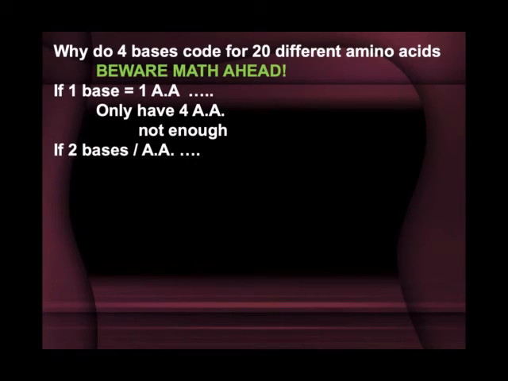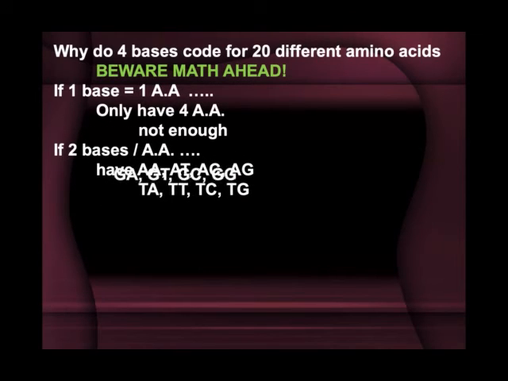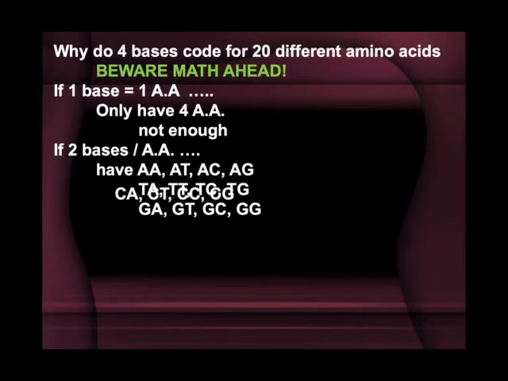If you have 2 bases coding for an amino acid, you could have all of these different combinations, and we would have 16 different combinations. But that's still not enough because we have 20 different amino acids.